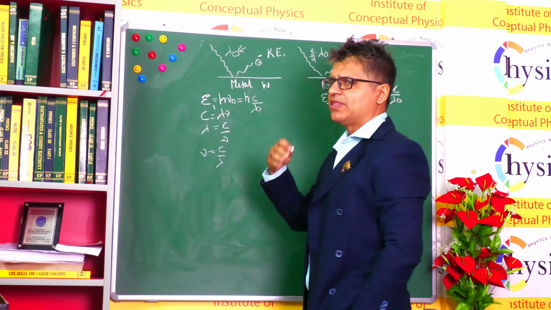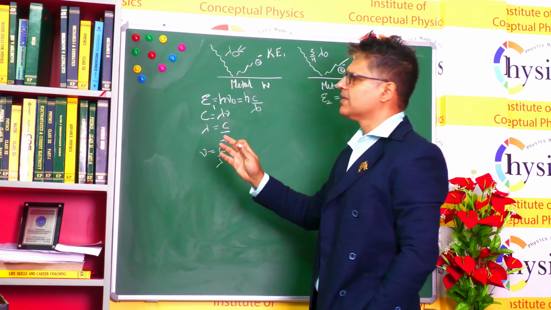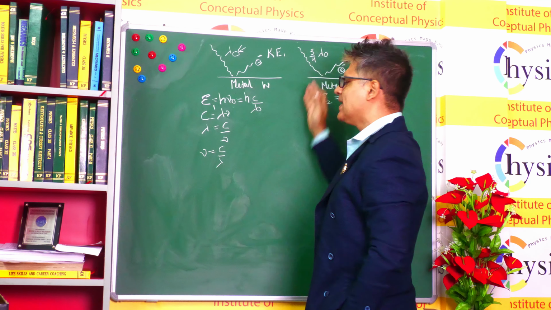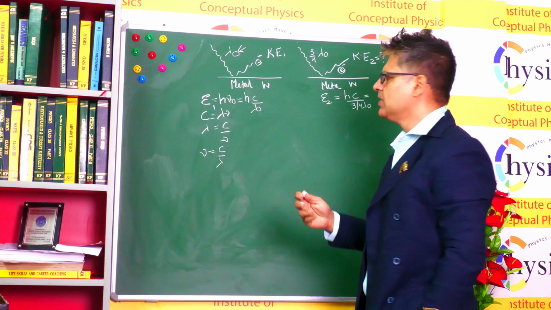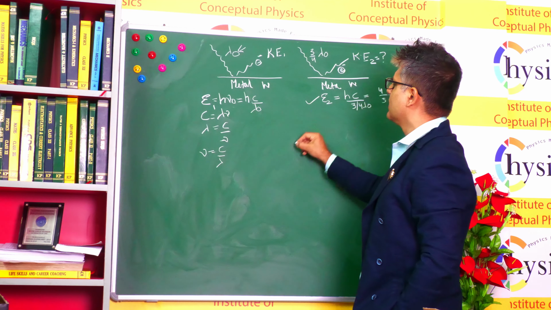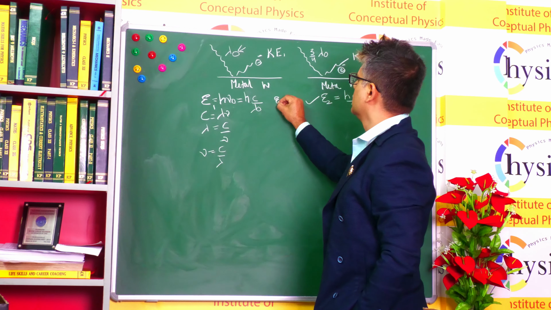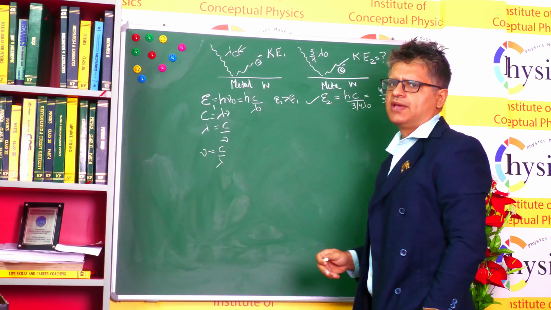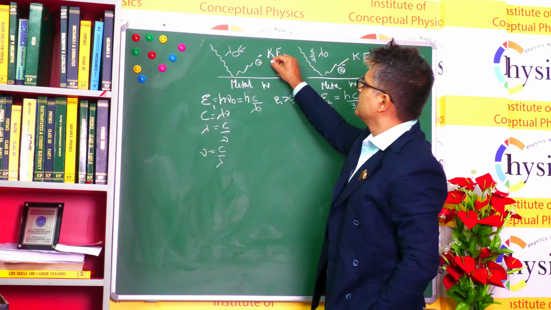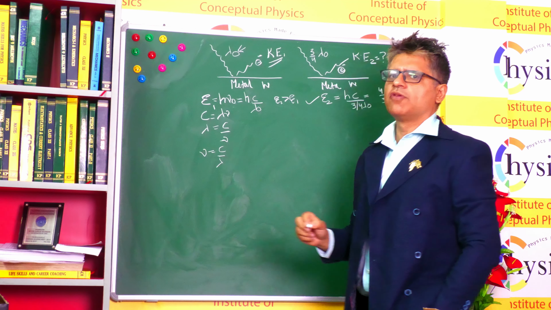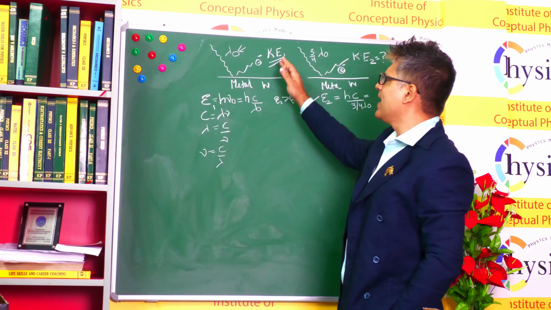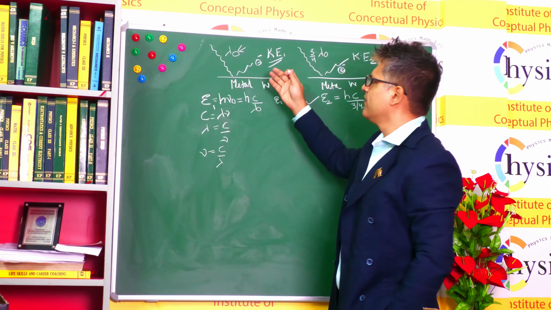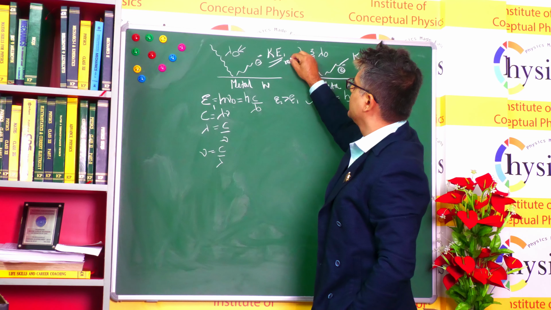So if you use the photoelectric effect equation given by Einstein, let's use that. Now let's do mathematical modeling. Conceptually we are clear: the wavelength has gone down, the frequency has gone up, so more energy is available. So E2 is definitely greater than E1, and in both the situations emission has taken place. After overcoming the barrier of work function, the kinetic energy is available for the electron, and we're dealing with maximum kinetic energy here.